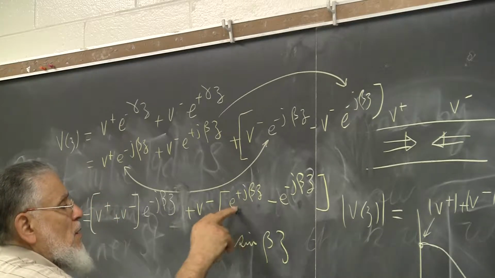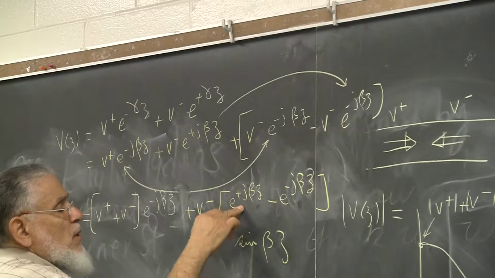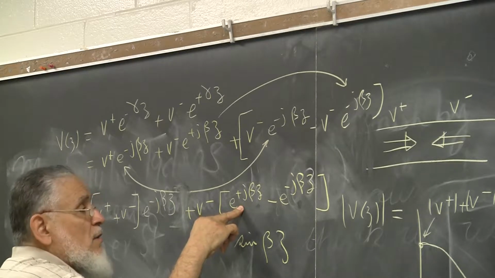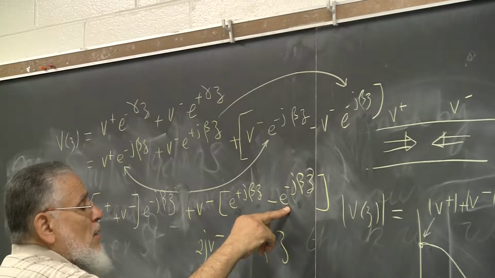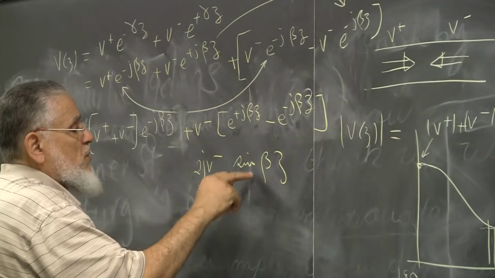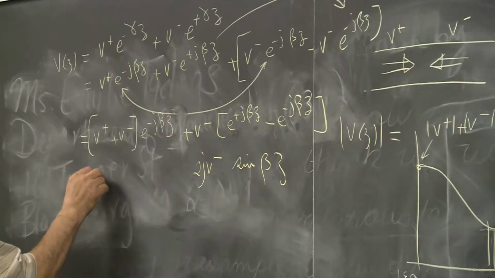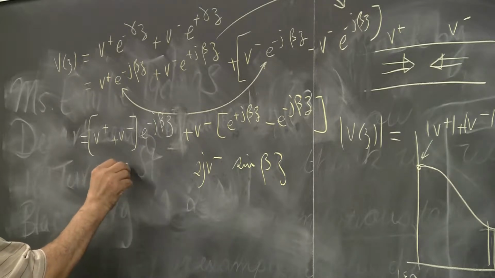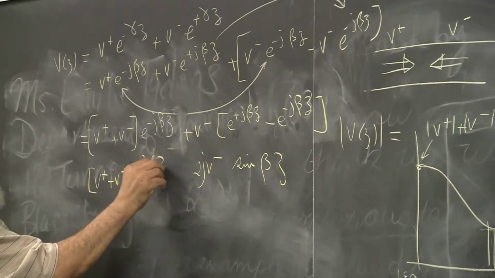This is cosine plus j sine, and that's another cosine plus another j sine, so you end up with 2j v minus sine beta z. And this one here is v plus v minus e to the minus j beta z.